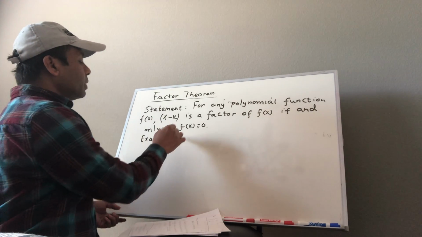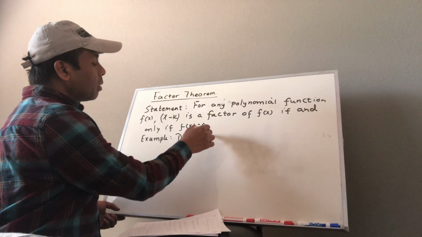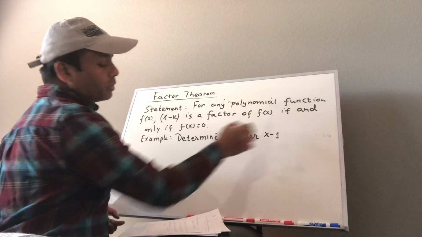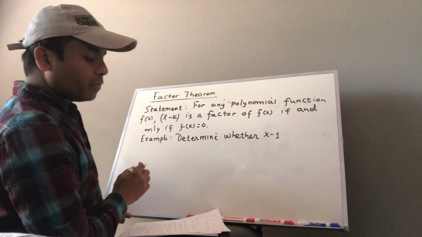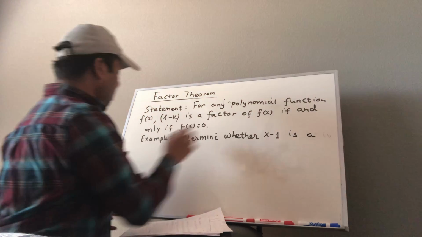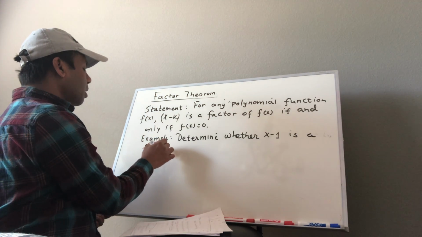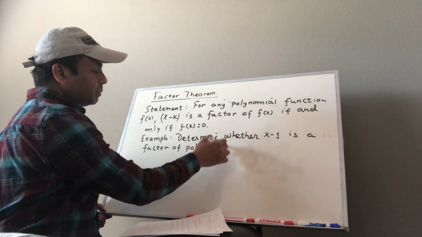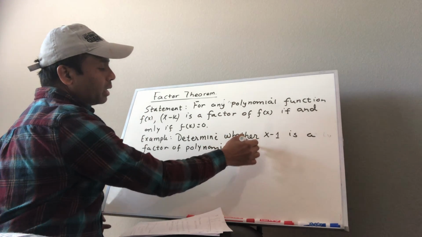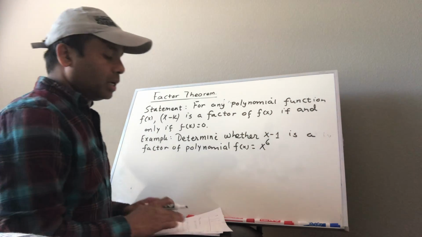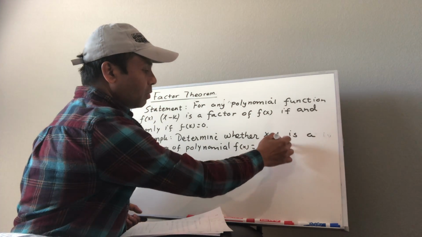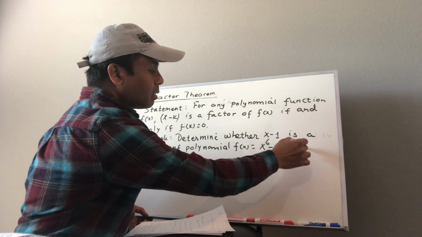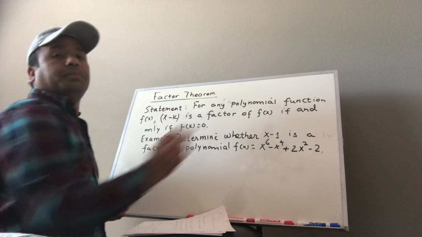Okay. So determine whether x minus 1 is a factor of the polynomial f(x) equal to x to the power 6 minus x to the power 4 plus 2x squared minus 2.